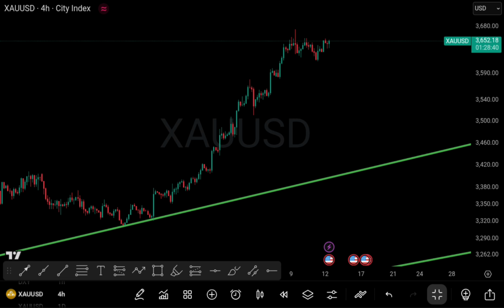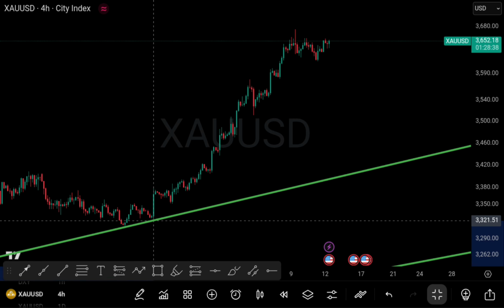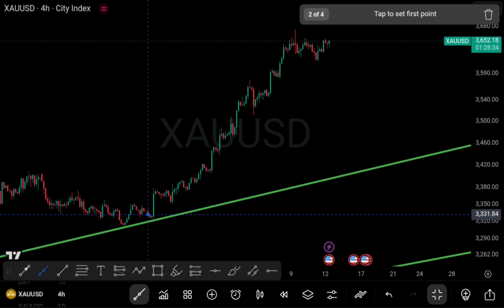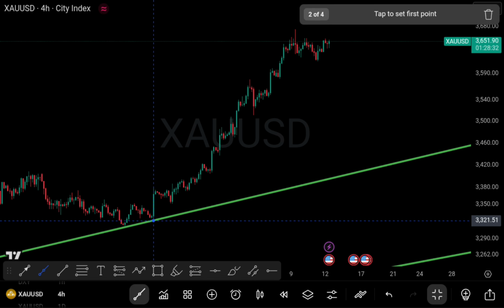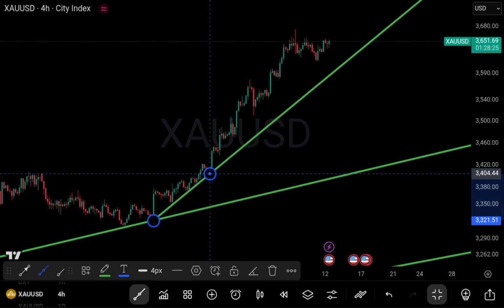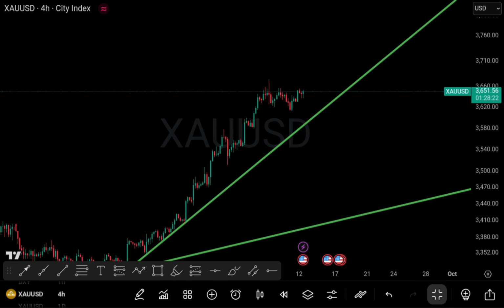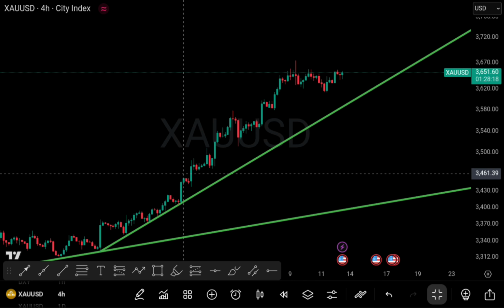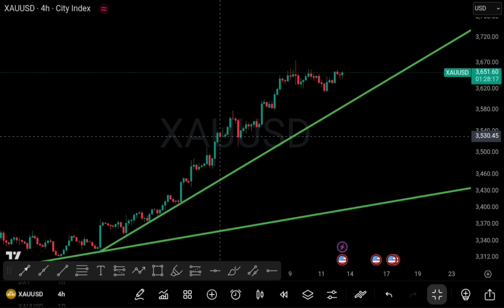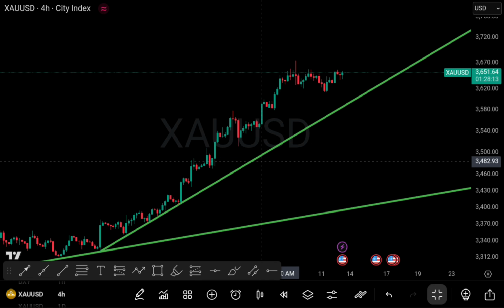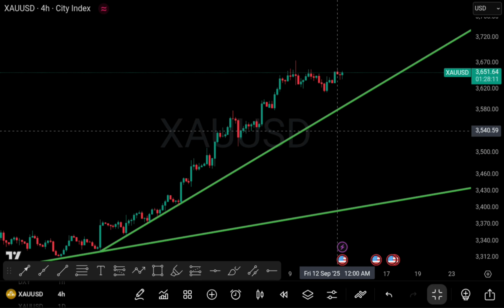All right, so here's the trend. Let's adjust this and we can come in with something steeper. Yeah, so this is what I'm gonna focus on. All right, so because we see the trend developing here, the pullbacks that make their way within the trend, of course, make their way towards the green trend line.